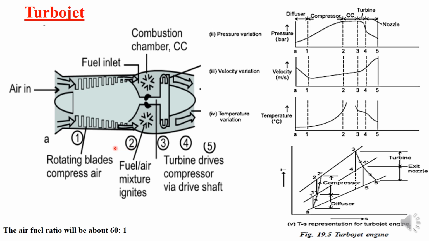So what will happen, sir? Here one thing I forgot to tell about the compressor. Air reaching the compressor section is at a pressure higher than atmospheric, because due to the diffuser it is having a slightly higher pressure than atmospheric pressure.